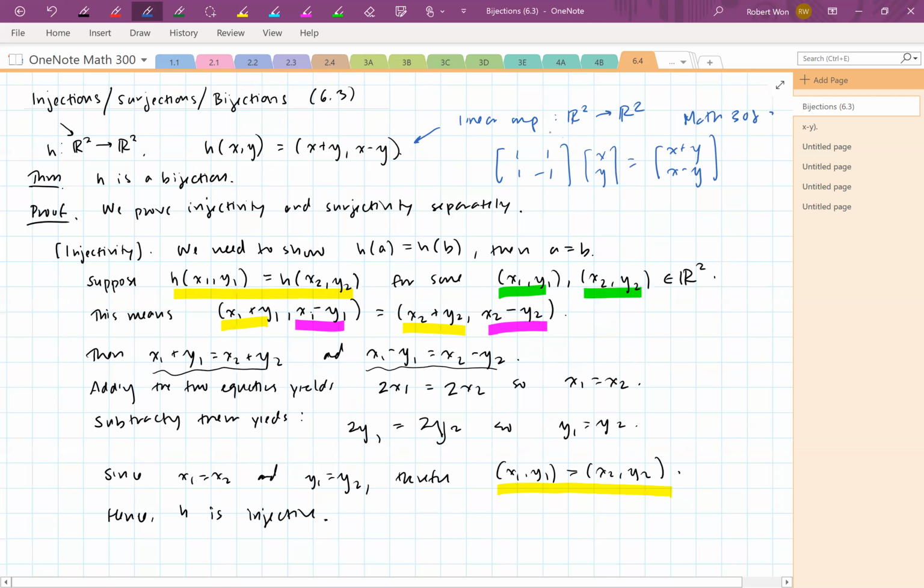So you could row reduce this matrix and see that there's a pivot in every row and every column, and therefore it is injective and surjective. That's by Math 308, which is good if you're dealing with linear maps because then you can represent them with matrices. But this general abstract technique works for any kind of function. It doesn't need to be a linear function. I happened to pick a linear one here because I stole these notes from when I taught 308.